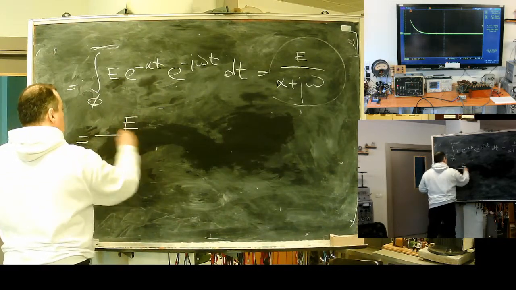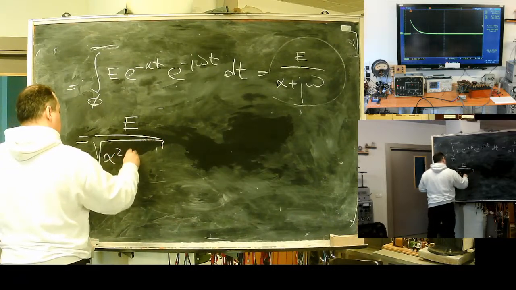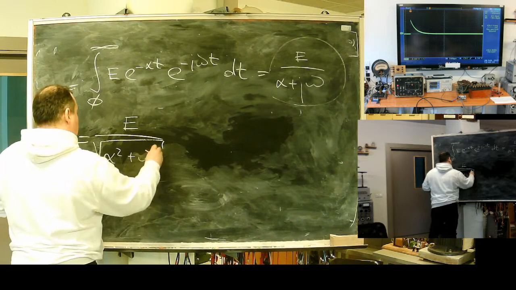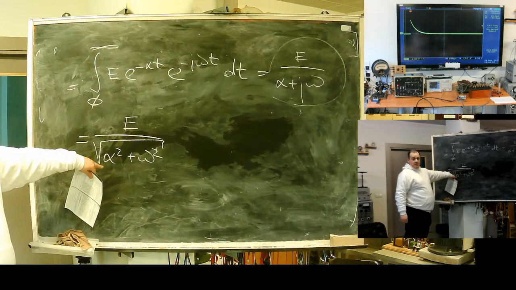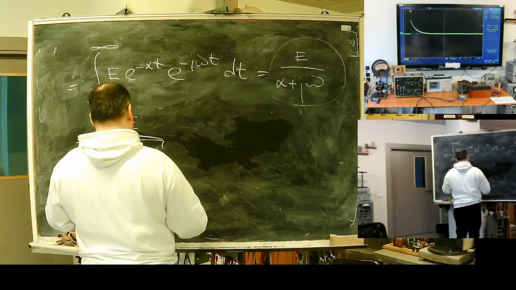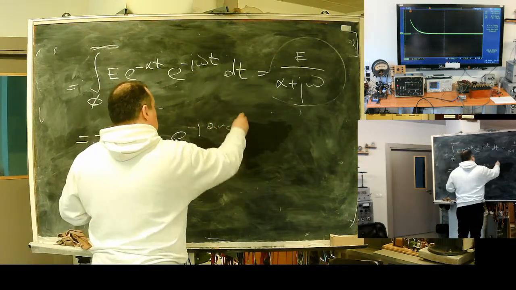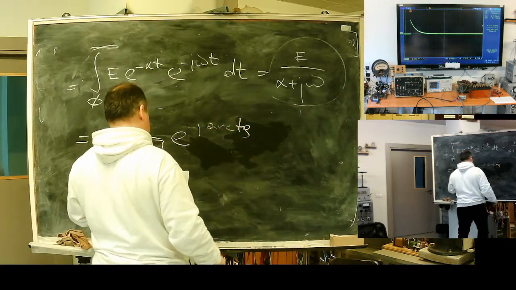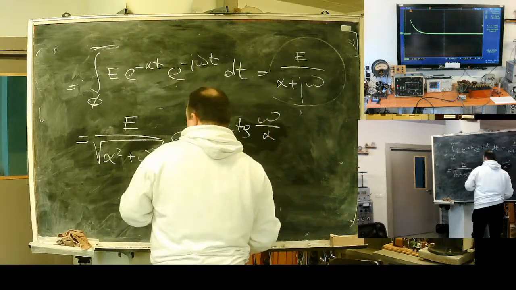It will be 1 divided by the square root of alpha squared plus omega squared. I can draw this because it's a real function, multiplied by e to the power j arc tangent of omega divided by alpha.